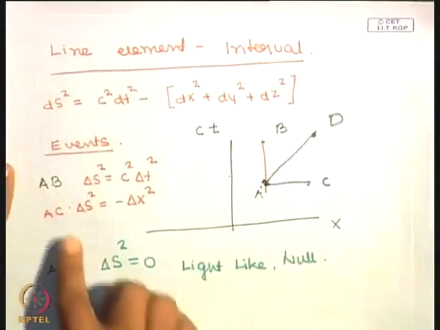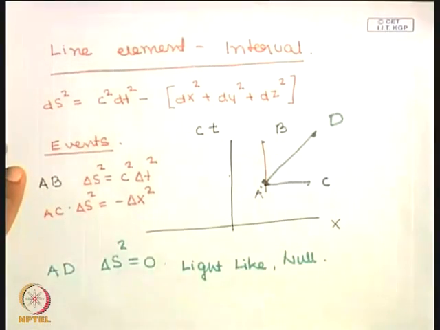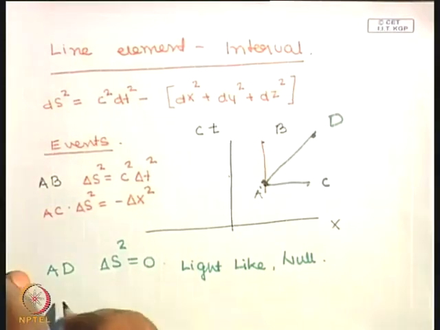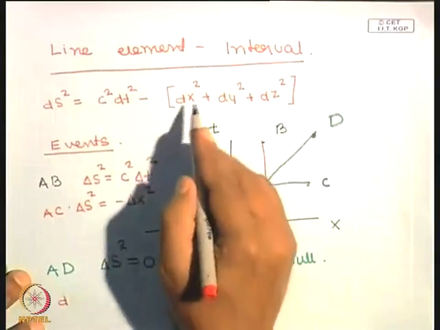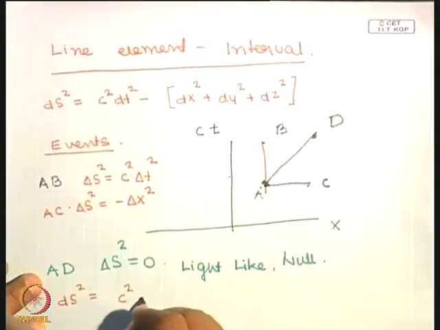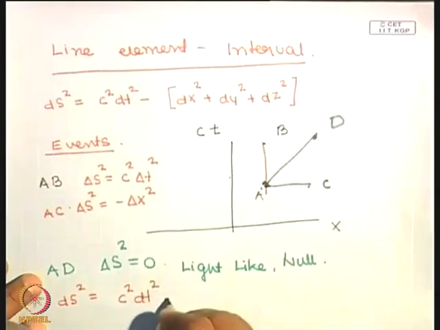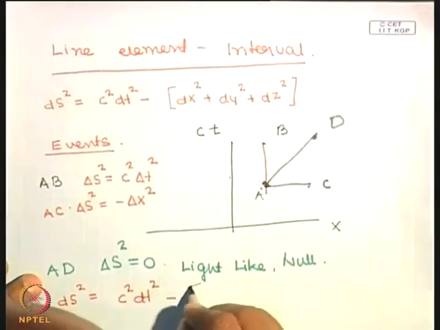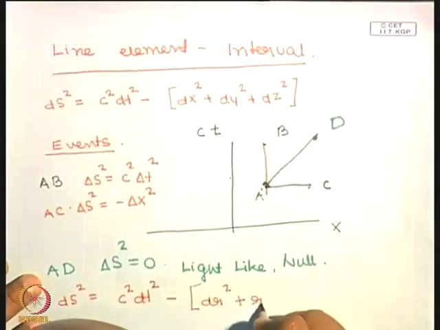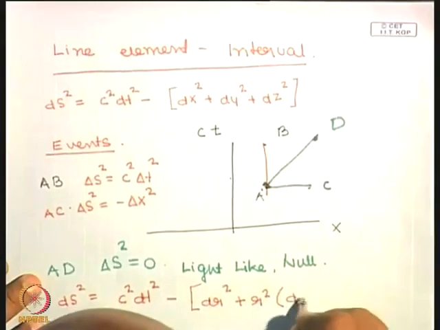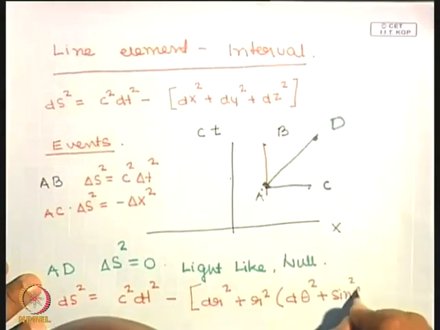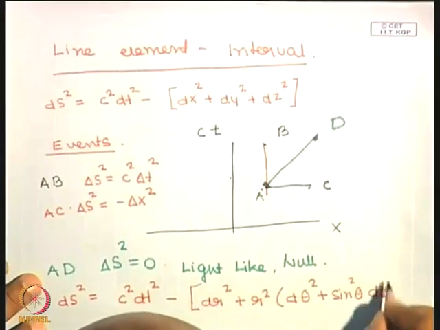Now this is briefly what is meant by an interval, and the same thing can also be written in spherical polar coordinate system. So let me write it here. If instead of using a Cartesian coordinate system, I can also use a spherical polar coordinate system, where this can be written as c square dt square minus dr square plus r square, d theta square plus sine square theta d phi square.